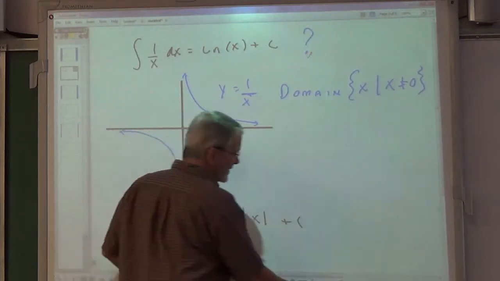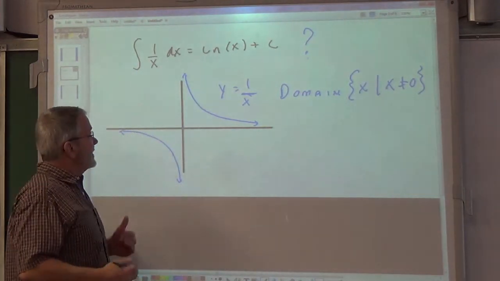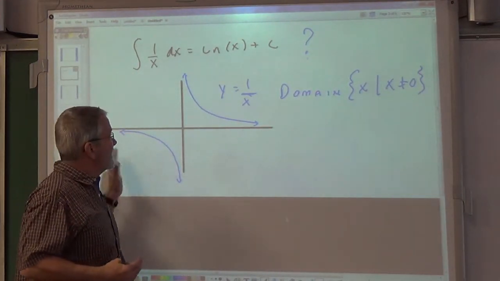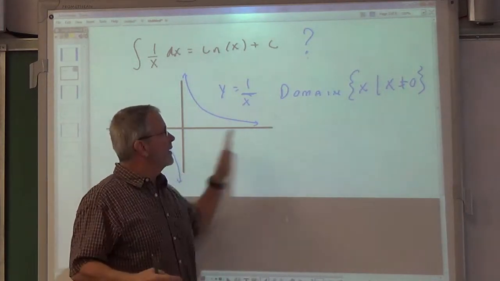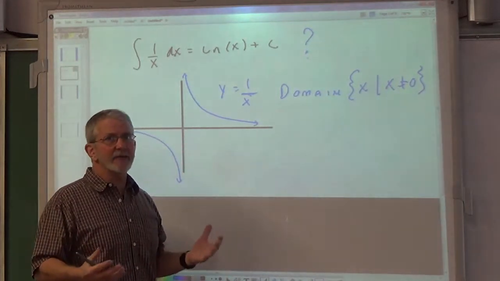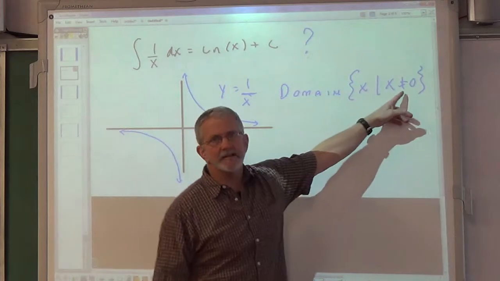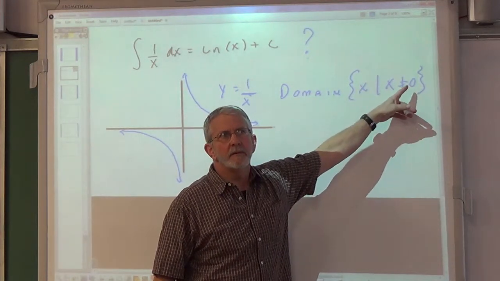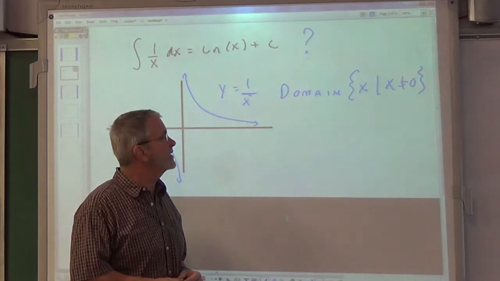Well, certainly then, since 1 over x is defined everywhere except at x equals 0, it has to have an antiderivative everywhere except at x equals 0.